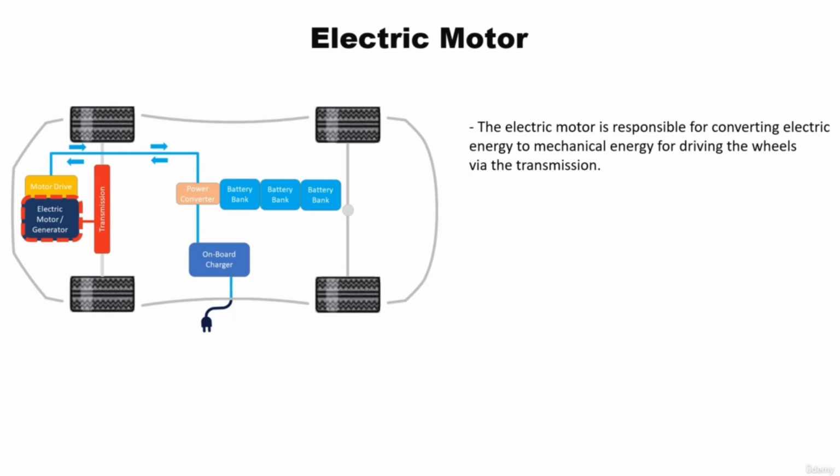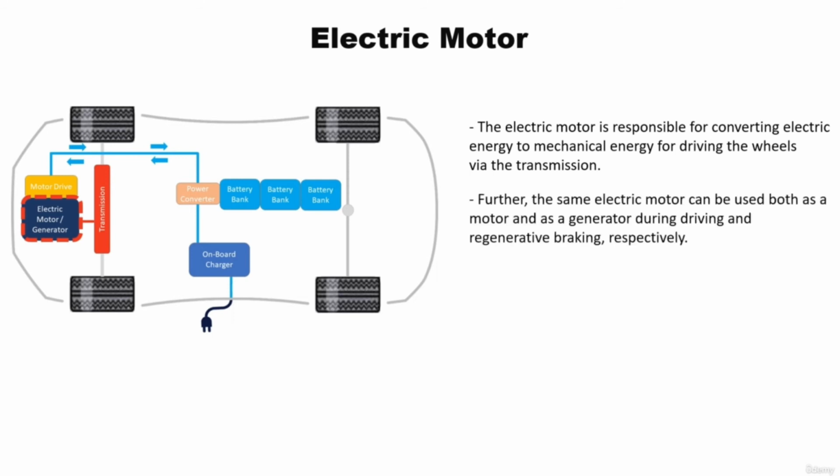That is why electric cars are automatic gear cars by default. This is due to the unique nature of the electric motor to deliver close to full torque at all speeds. Further, the same electric motor can act both as a motor and as a generator during driving and regenerative braking, respectively.